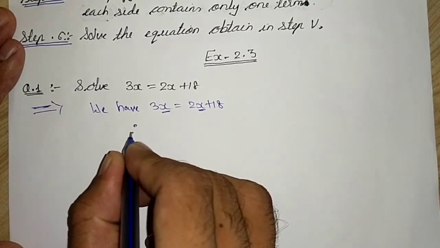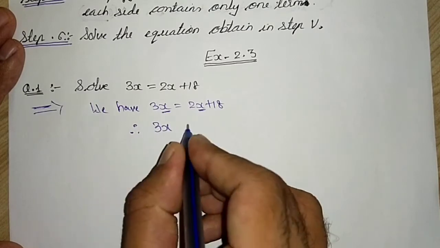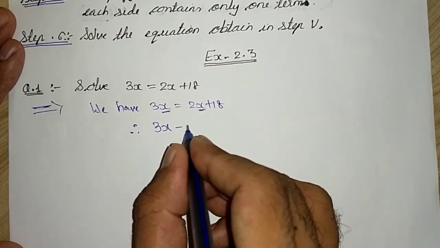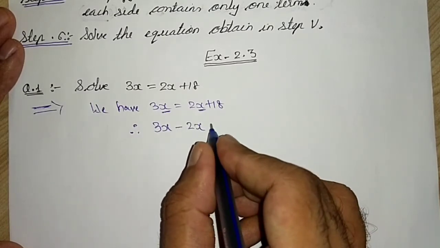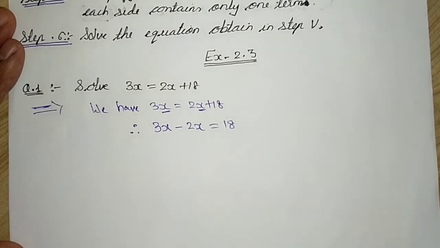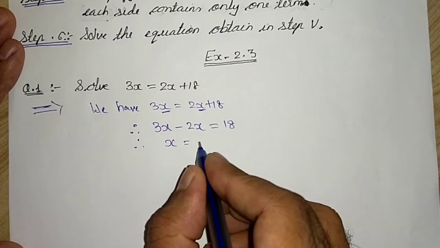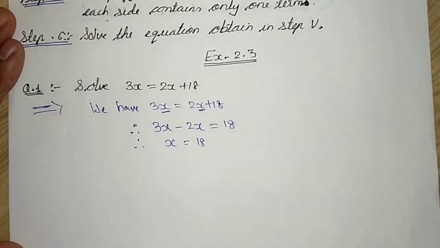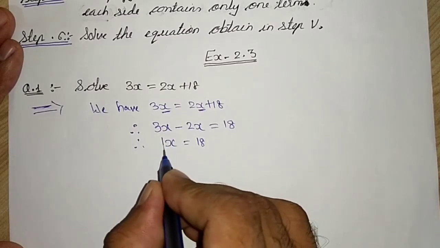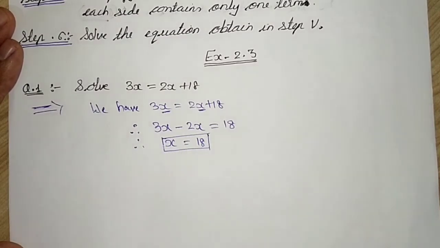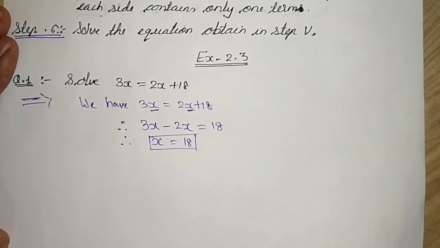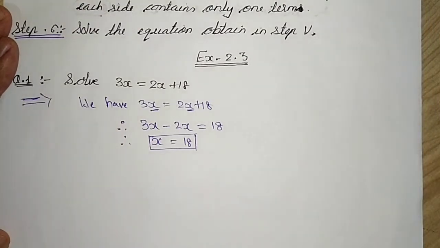Therefore, transposing 2x from there, the sign will change, it will become 3x minus 2x is equal to 18. Therefore x is equal to 18, since 3x minus 2x is x. So your answer is x is equal to 18. Very easy, right?